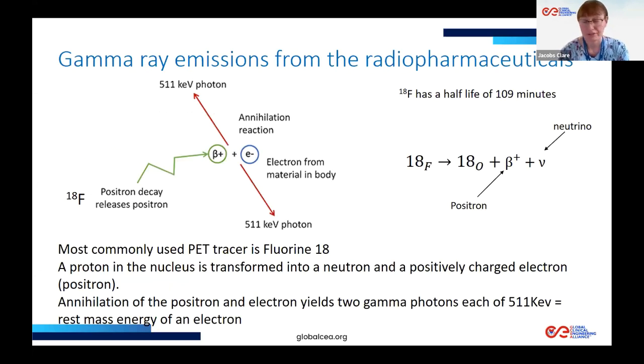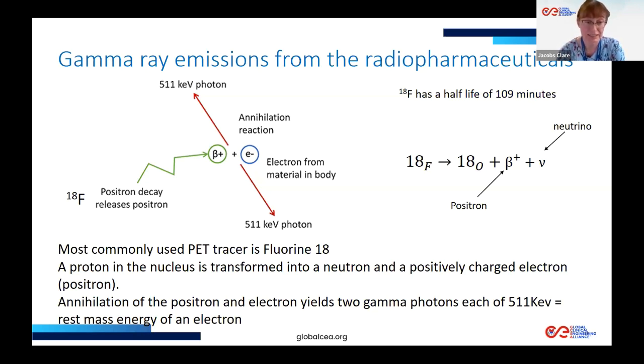So what type of radiation are we dealing with? As Edna mentioned, we've got gamma ray emissions from a positron emitter. The most commonly used PET tracer is fluorine-18, and what happens is a proton in the nucleus is transformed to a neutron and a positively charged electron called a positron.